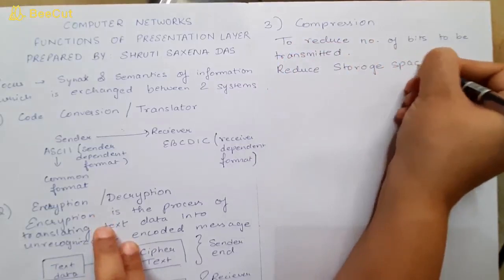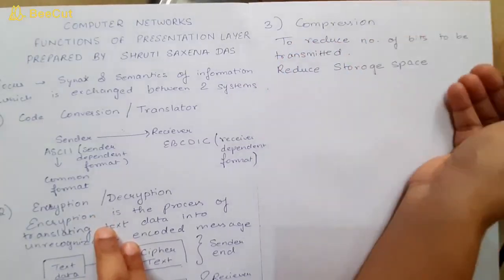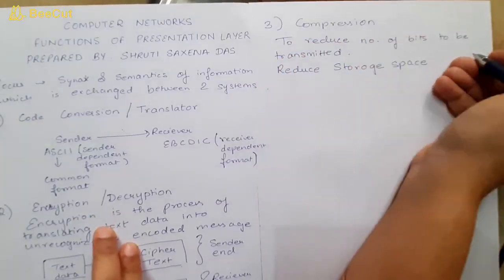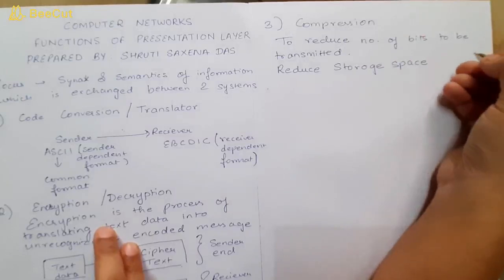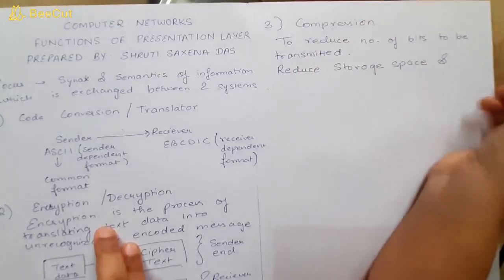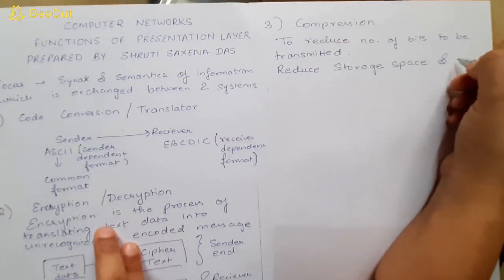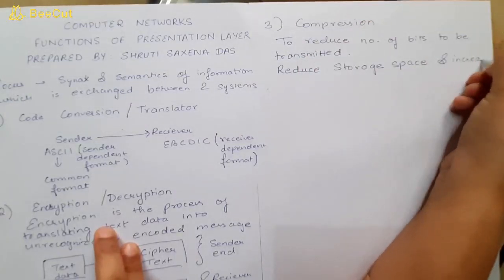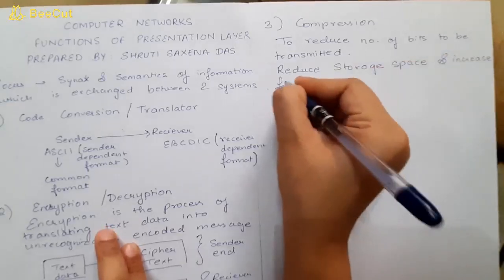If the number of bits is reduced, then ultimately your storage space will be reduced, and if storage space is reduced, then the file transfer rate will increase. So it will reduce storage space and increase file transfer rate.